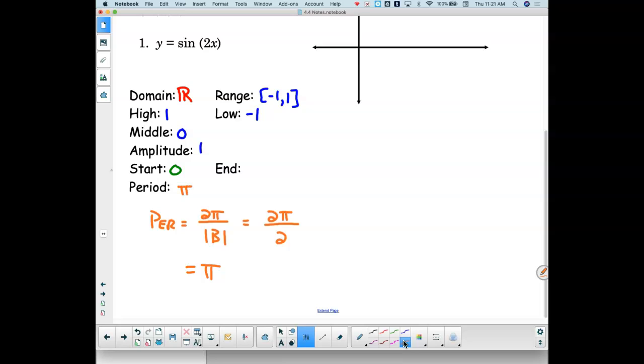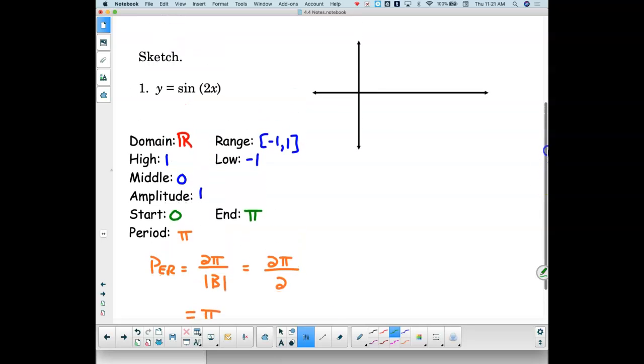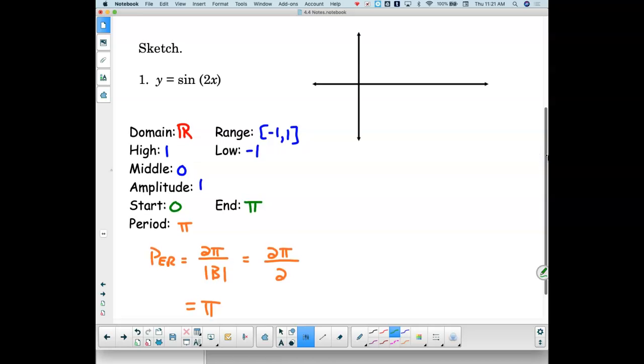Start plus period is my end, so I end at pi. That's it. Sine curve, no flips because we don't have any negative values. Starts in the middle, up, middle, down, middle.